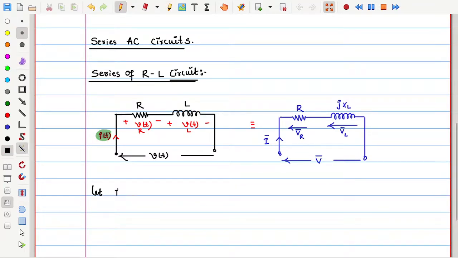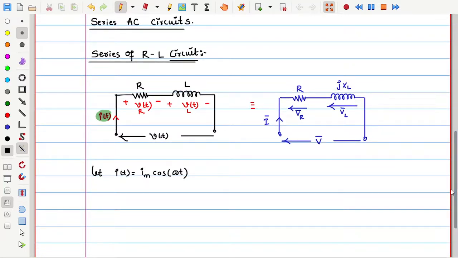Let the current I of t be something like Im cos omega t, or you can choose sine also, nothing wrong in that. Ultimately we will get the same conclusions whether you choose a sine or cosine function.